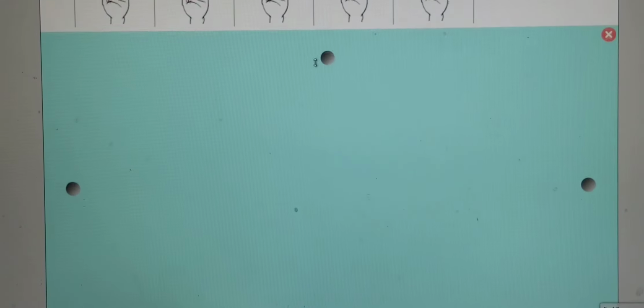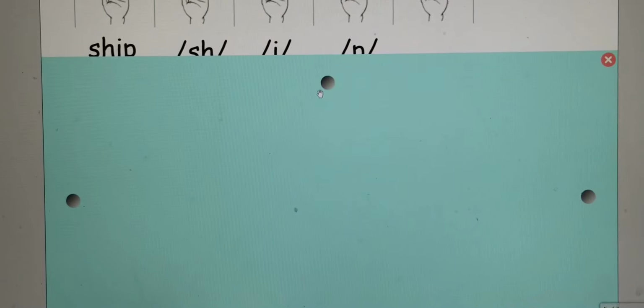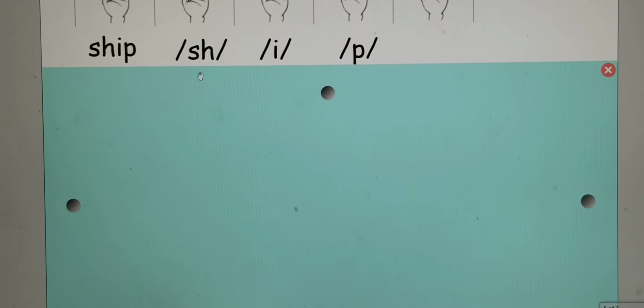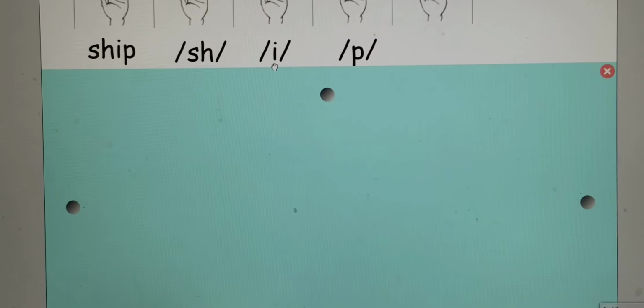So let's see if we can do these words together. Ready? Well, let's see. What word is this? Let's try it. Here is that digraph, SH. What sound does it make? That's right, boys and girls. Shh. So we have shh. What sound does this letter make? Eh. Great.